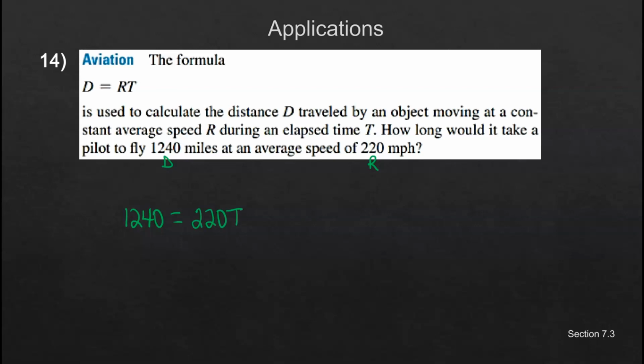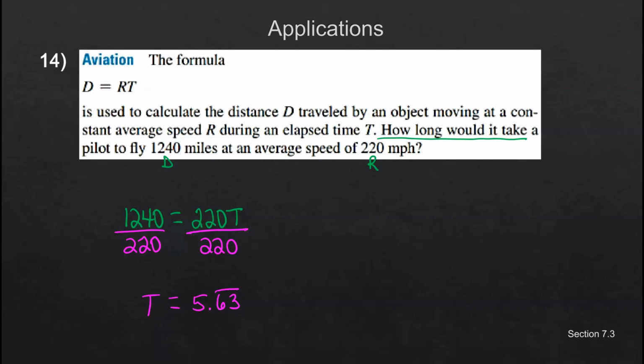It says how long would it take, right? So we are finding t. We're going to do this by dividing. We divide by 220, then we find that t is, let's see, we have to round that. 1240 divided by 220 is, I'm going to write this out this way, 5.63, and the 63 is repeating.